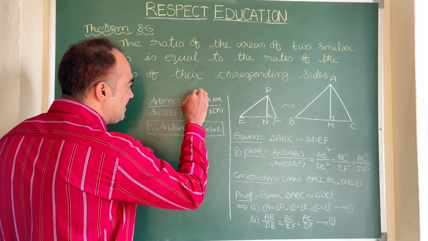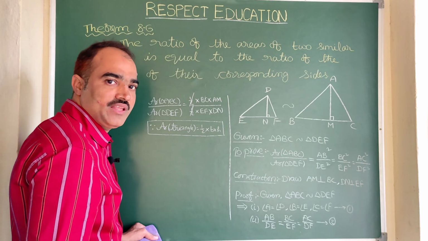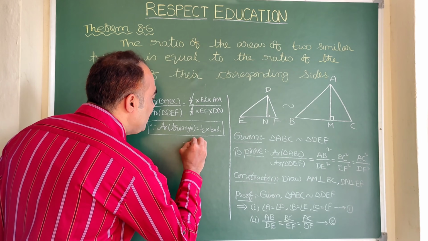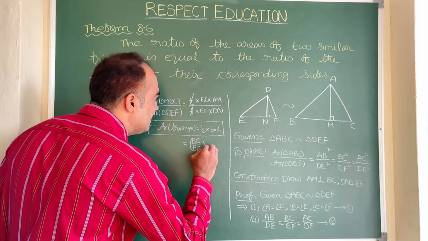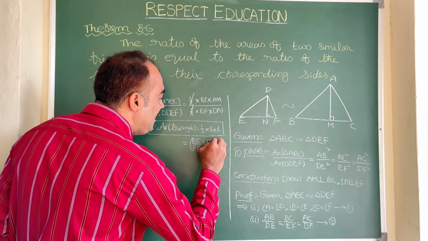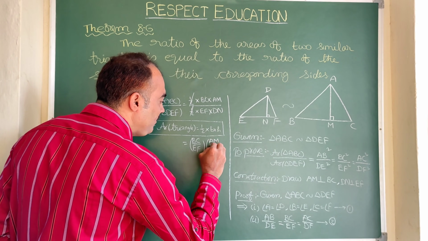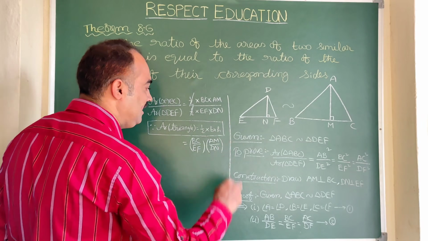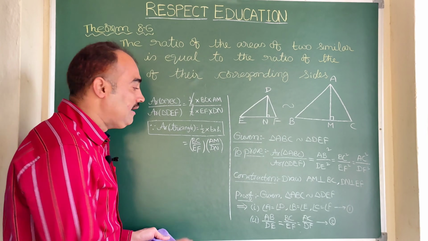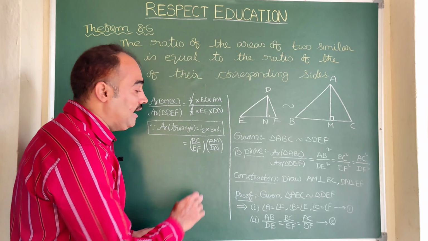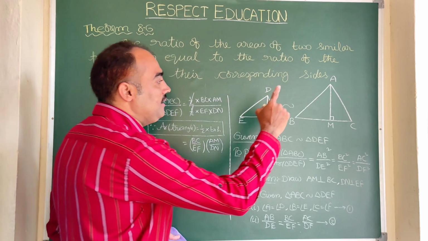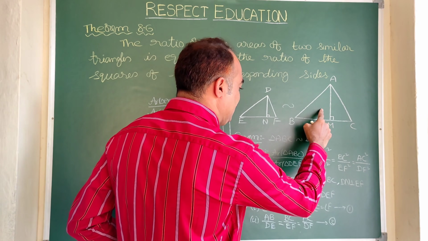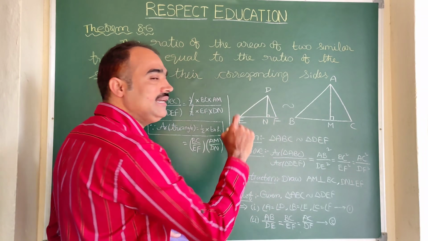Now let us cancel 1 by 2 and 1 by 2. Right? What is left? BC by EF, let us write it as it is, into AM by DN. Clear? Now let us observe carefully that triangle ABC is similar to triangle DEF.